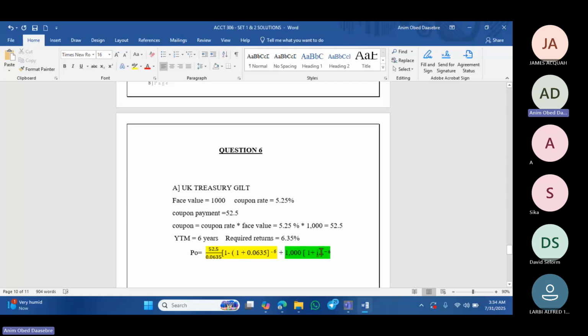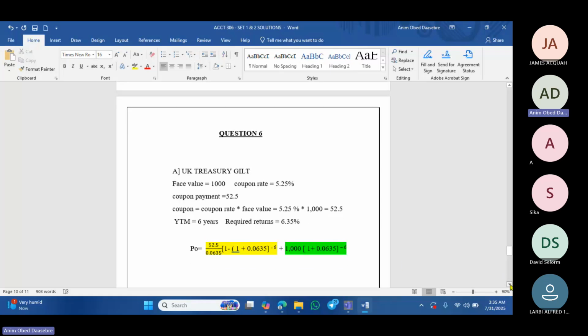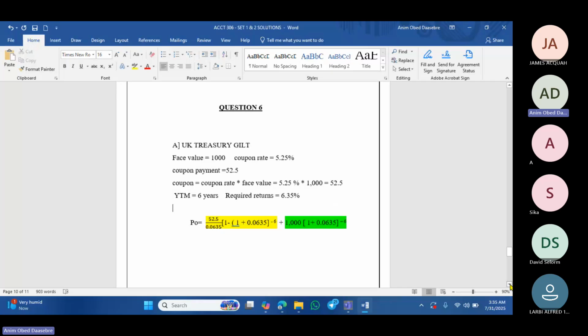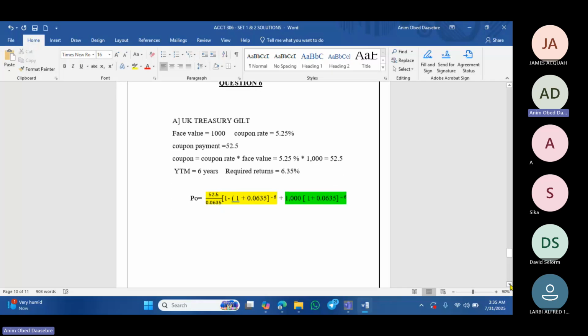And you also have interest rate, 0.0635, and another year, 6. So someone should calculate, punch it, and give me the figure of the bond. When you are calculating, compute the yellow one separately and the green one too separately.